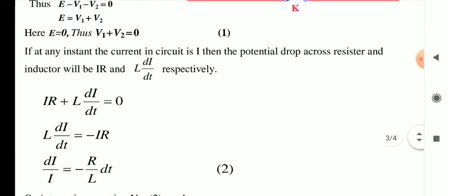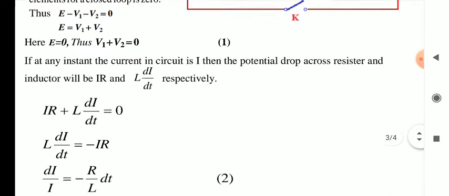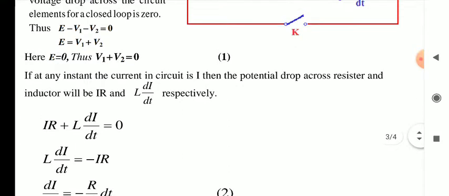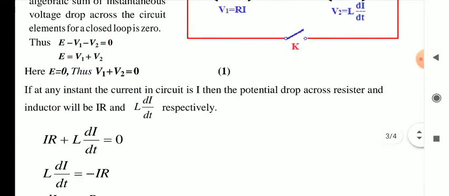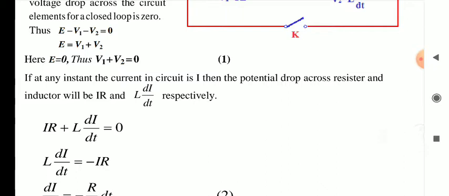Here we can write E is equal to V1 plus V2. Here E is equal to 0, thus V1 plus V2 is equal to 0, because no EMF is connected here. So we get equation number 1 as V1 plus V2 equal to 0.